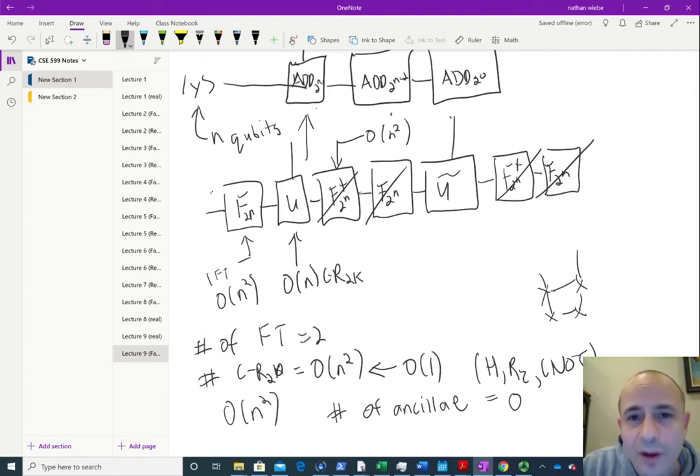And this is a very, very nice property because qubits are hugely expensive, at least on near-term quantum computers. So coming up with tricks to reduce the number of qubits that you need for operations is really nice.